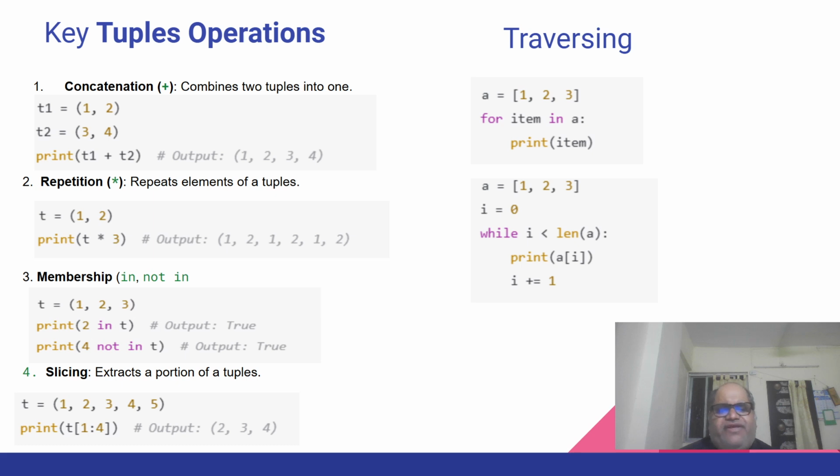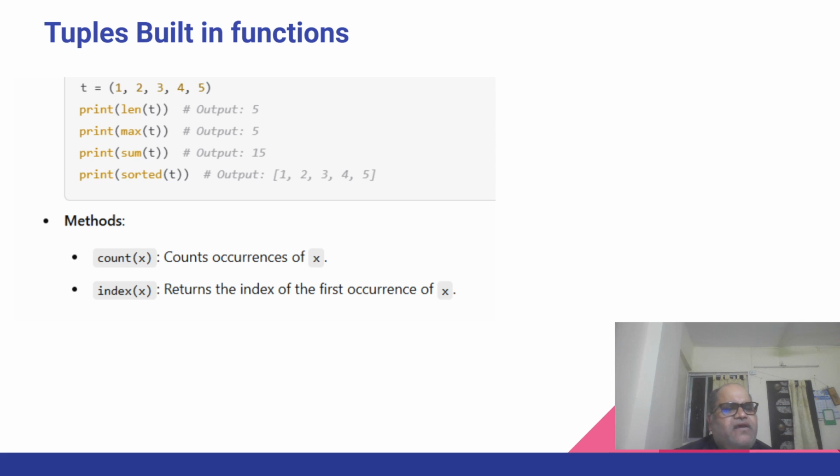If A is (1, 2, 3), for item in A, you can simply print item. Otherwise, you can initialize an index to 0, and while it is less than the length of that tuple, you can print the individual item and update the index. So traversing is exactly the same as list and string. The only difference so far that we have seen is that it is immutable.